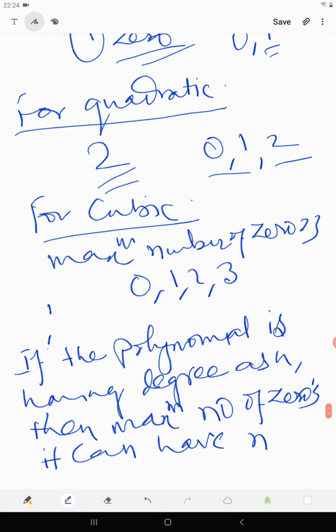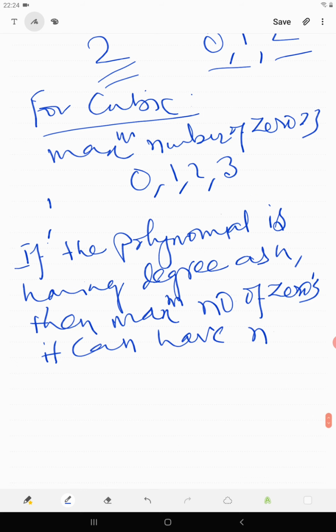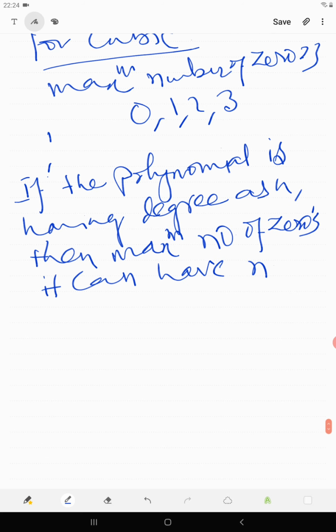Clear, right? So whatever the degree of the polynomial is, the maximum number of zeros for that polynomial will be equal to the degree of the polynomial. Okay, so this is a very important thing.